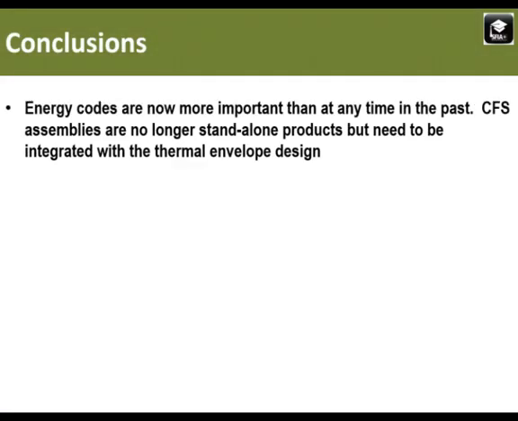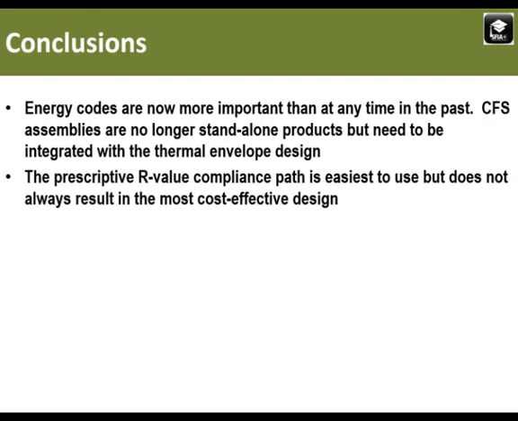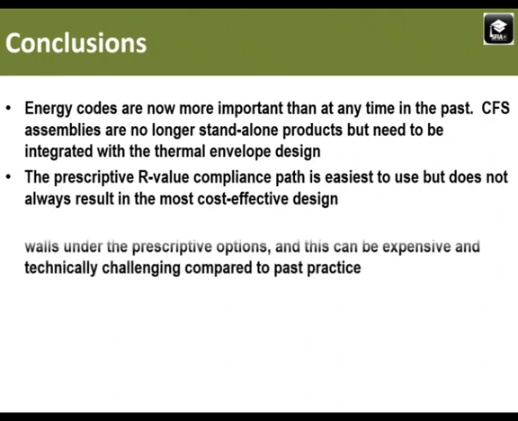This brings us to the close of our presentation. Here are a few takeaways from the program. Energy codes are now more important than at any time in the past. CFS assemblies are no longer standalone products, but need to be integrated with a thermal envelope design. The prescriptive R-value compliance path is easiest to use, but does not always result in the most cost-efficient design.